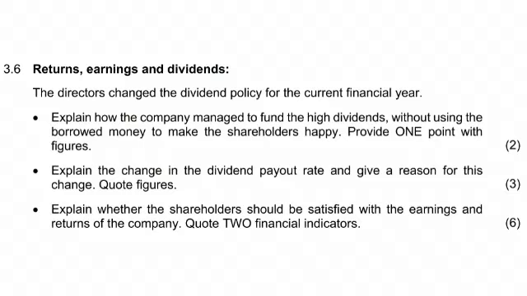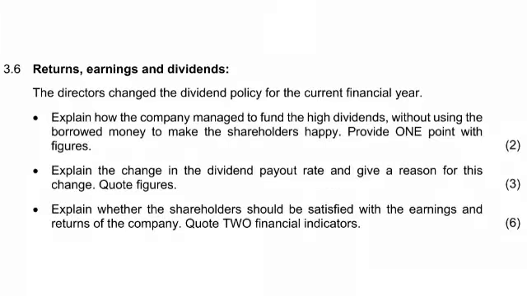And then in the last bullet point of 3.6, it says, explain whether the shareholders should be satisfied with the earnings and returns of the company. Quote 2 financial indicators. So they're not telling us if they are satisfied or unsatisfied. We are the ones who are going to decide.